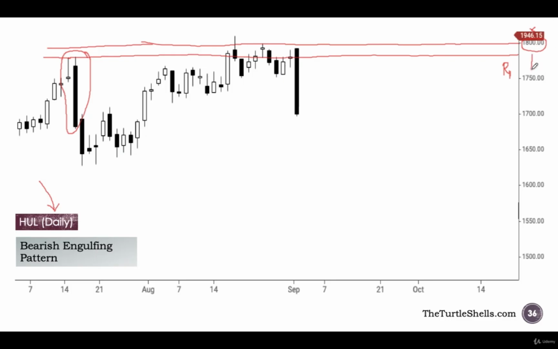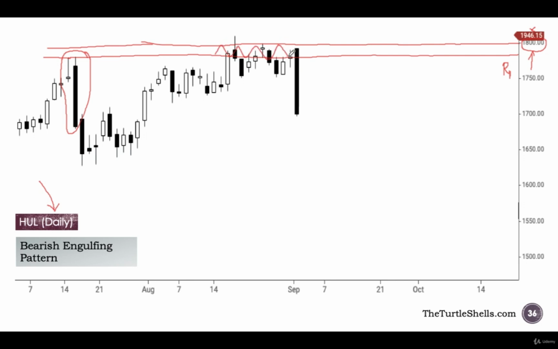So the 1800 level is an extremely significant round number, a psychological number. The bears are not allowing the price to cross that level or close above it. This candle has crossed above that level but not closed above it.